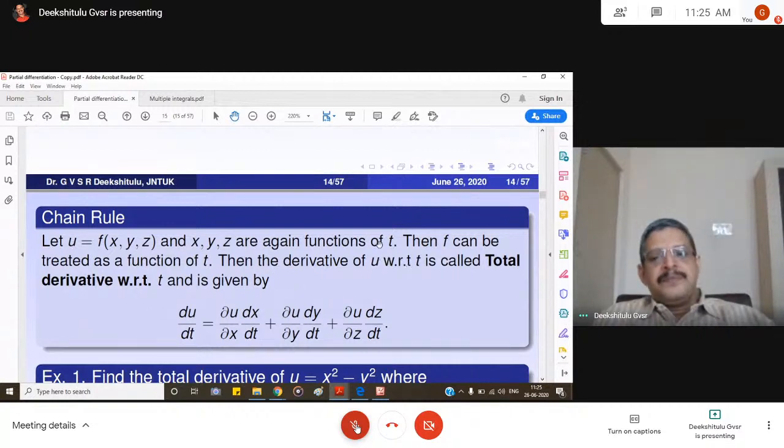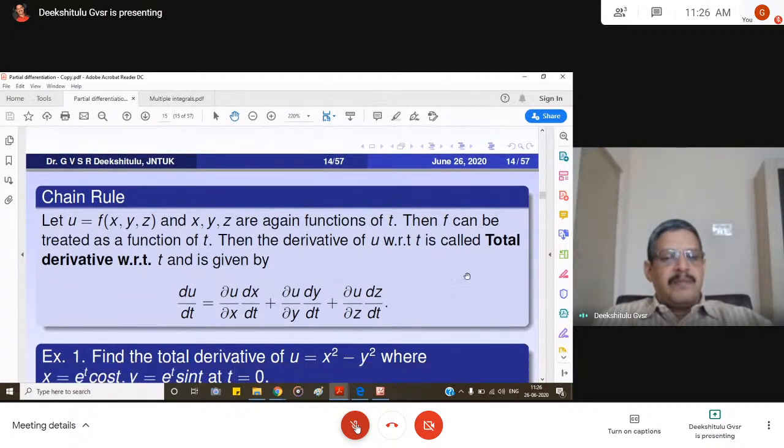So when x, y, z are functions of t and you substitute them, f becomes a function of t. Then the derivative of u with respect to t is called the total derivative and is defined by the chain rule: du/dt = ∂u/∂x dx/dt + ∂u/∂y dy/dt + ∂u/∂z dz/dt. This is called the chain rule.